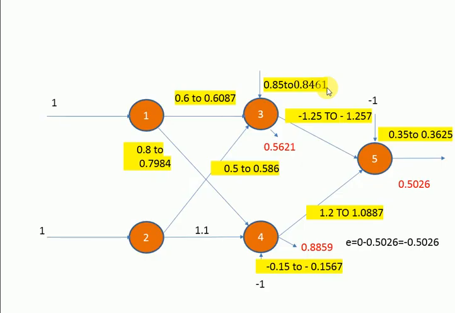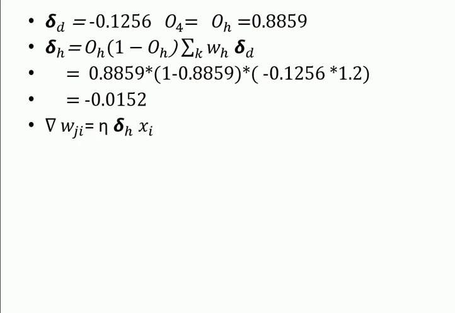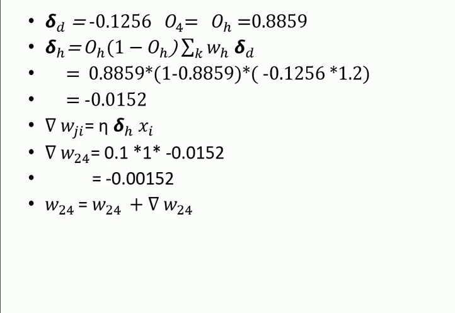Now we'll try to calculate for the next value, 2 and 4, and the 2 and 4 value is 1.1. So here O H is 0.8859, and 0.8859 into 1 minus 0.8859 into minus 0.1256 into 1.2.